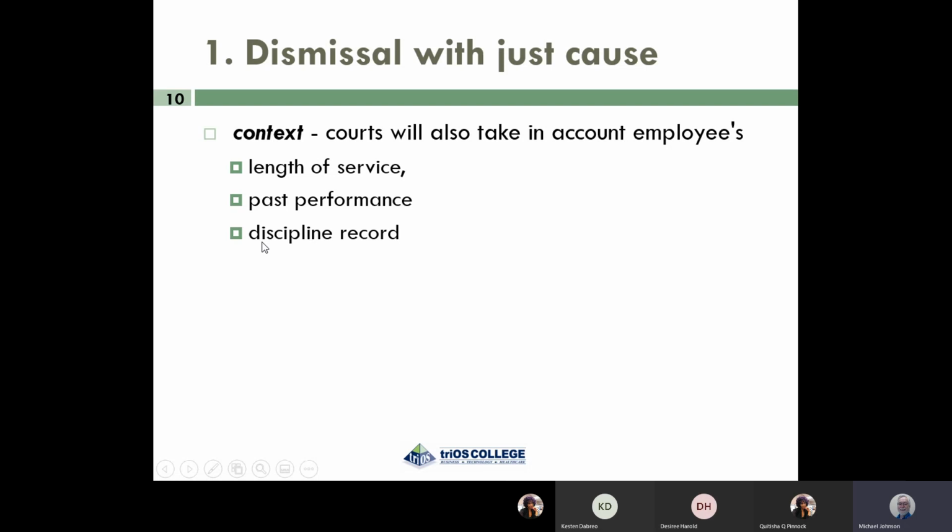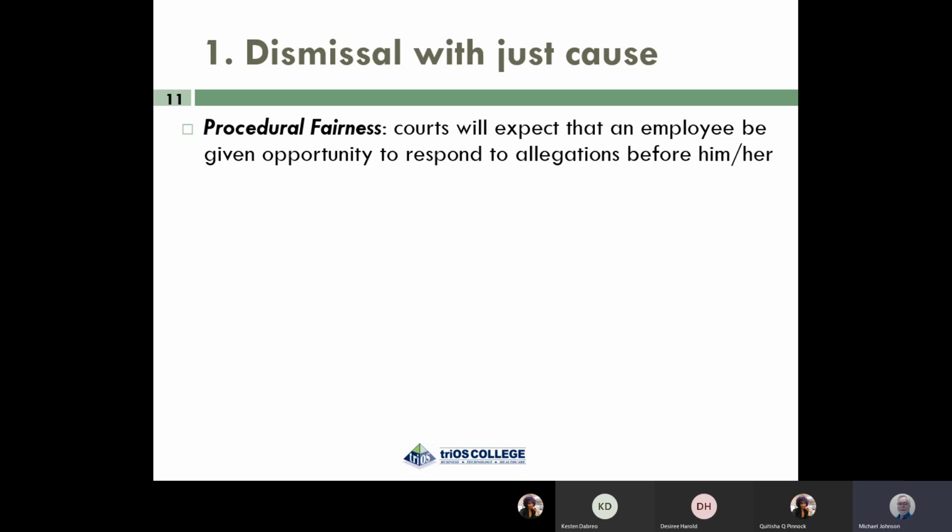And of course, what kind of record do they have for causing problems within the organization? Any mitigating circumstances in the past or present? And in addition to this, we have to look at that individual's characteristics. How important is that individual within that particular organization?